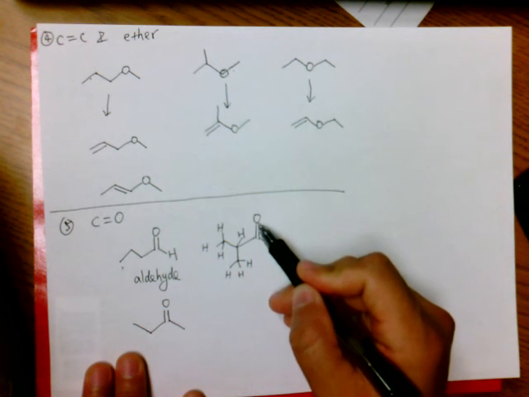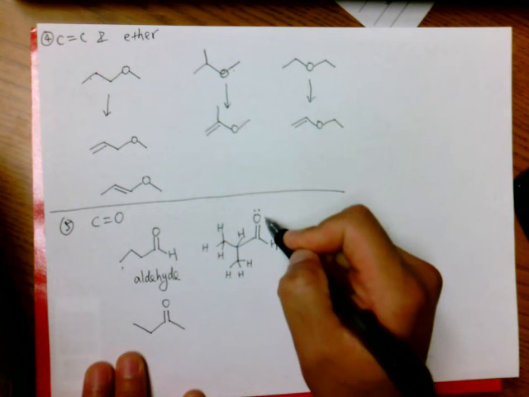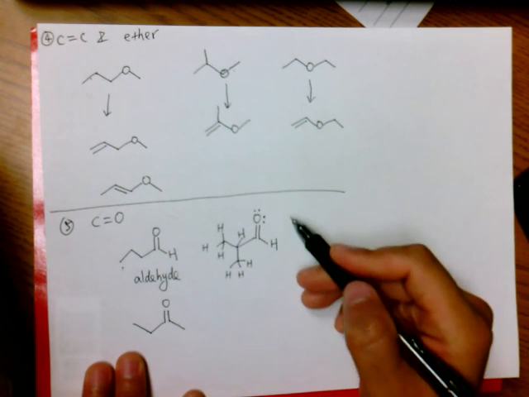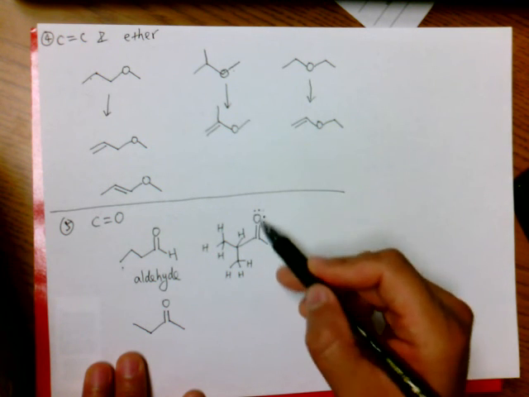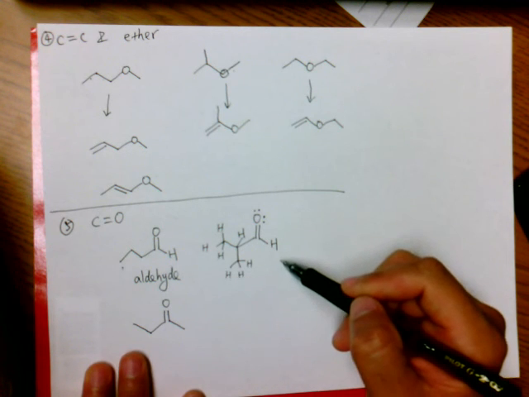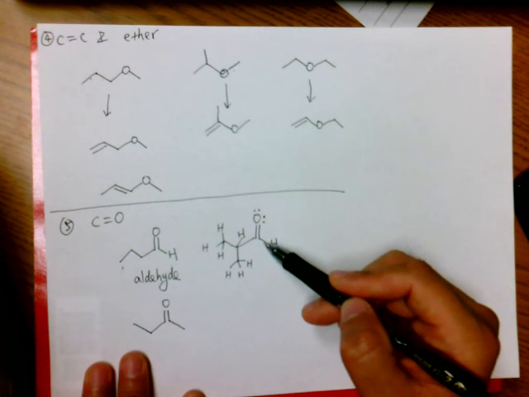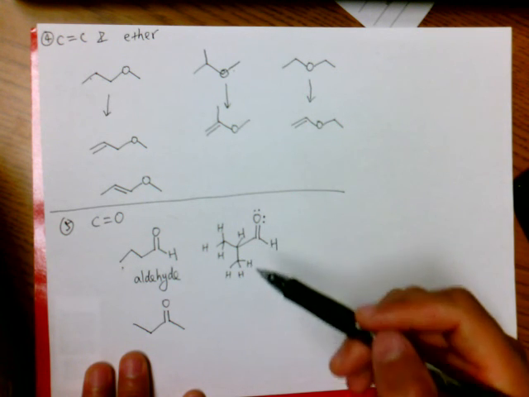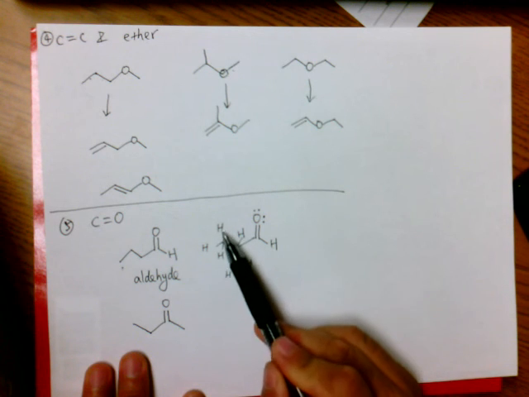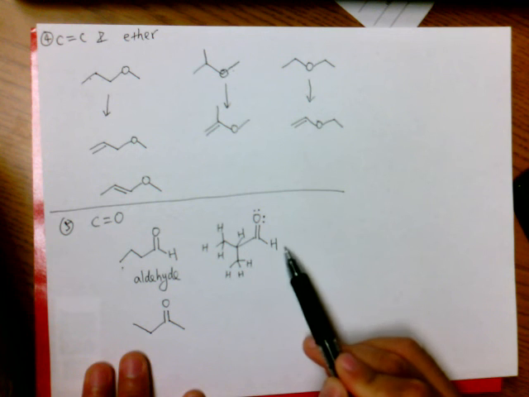This oxygen seems not to have octet yet, but keep in mind we did not draw out lone pair yet. If we do draw out lone pair, that oxygen will be good as well. So now that would be our complete Lewis structure, except that I did not write the letter carbon. All right, and if you count the number of hydrogens, we have 1, 2, 3, 4, 5, 6, 7, 8.